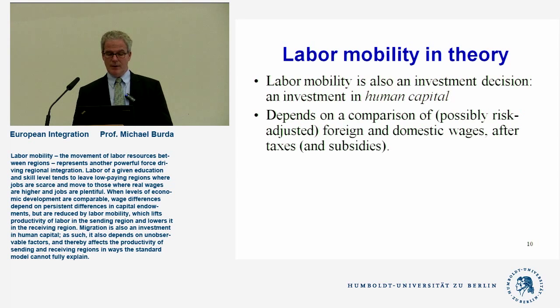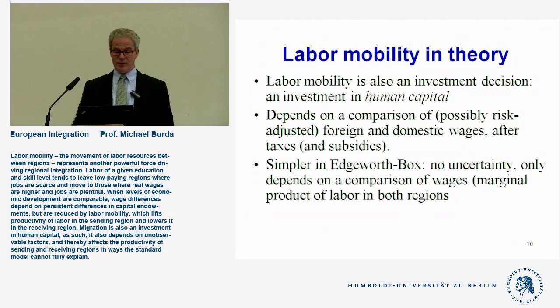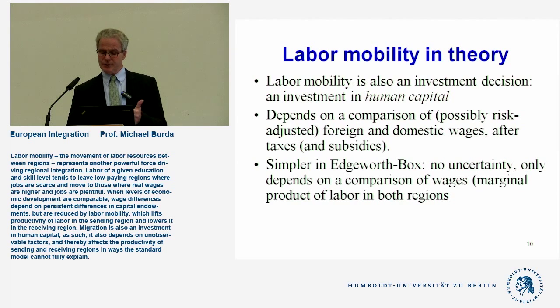Okay? So a French worker that migrates to Germany will get the marginal product of German workers in Germany. Again, we can adjust that, but there are simple explanations for those differences in productivity, which are the basis of the whole Edgeworth analysis. Okay, so we'll first ignore uncertainty.